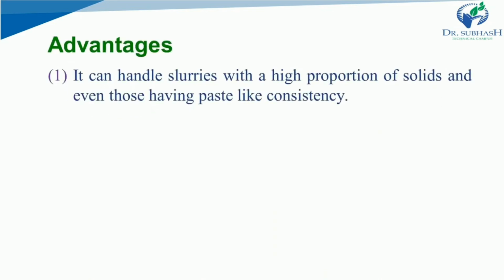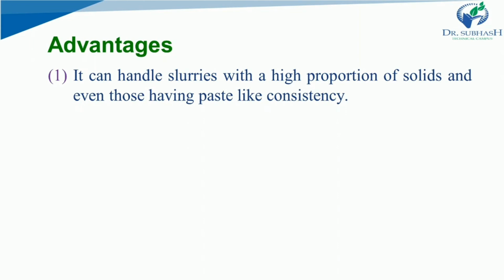Advantages: it can handle slurries with a high proportion of solid and even those having a paste-like consistency. Can you just remember what the disadvantage was in the previous sedimentation centrifuge? That it didn't handle a high proportion of slurries; it was capacity limited.